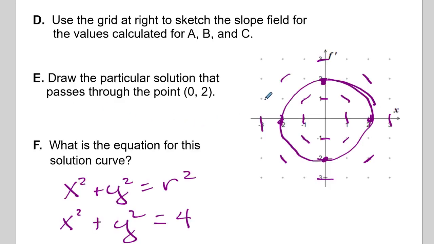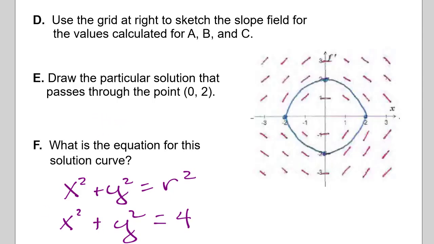All right, we may need to fill in a few more values, but I'll have you look at the slope field that is in the course notes, the notes key, and we can kind of see what's going on there. Okay, so here's the completed picture of the slope field for this equation.